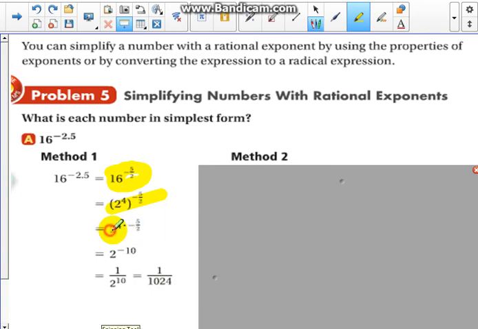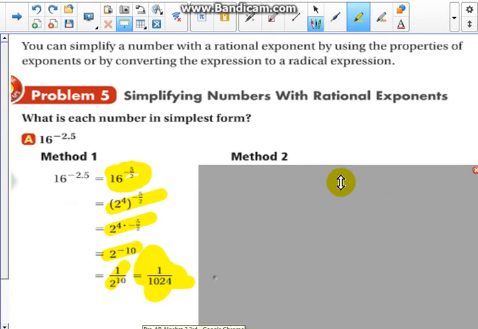And now we've got a power to a power, so we can just multiply, right? So that becomes 2 to the negative 20/2, which is negative 10, which becomes 1 over 2 to the 10th power. And 2 to the 10th power is 1,024. So our final answer here is 1 over 1,024.